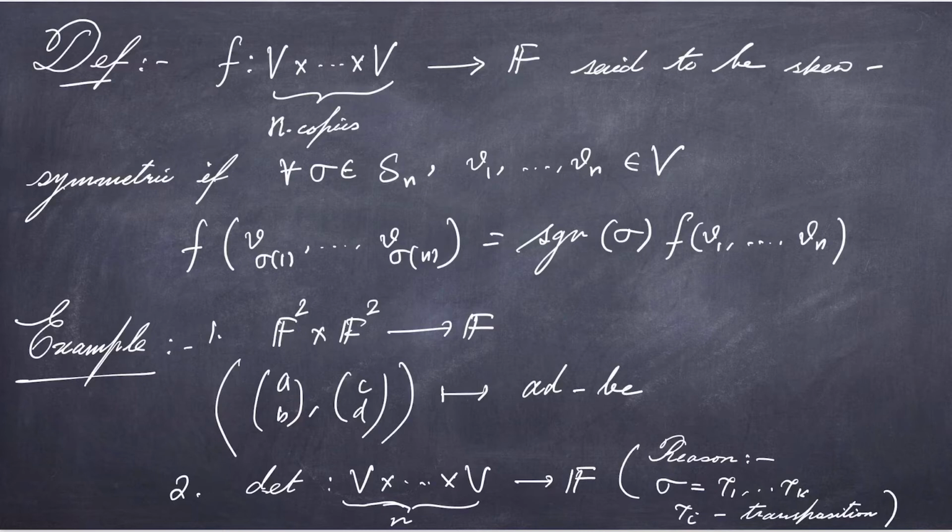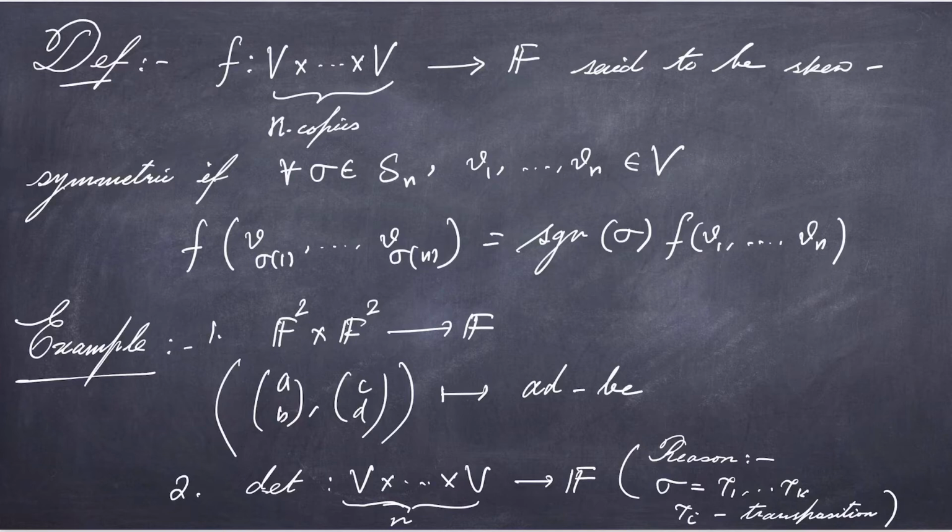Then after interchanging, the value goes to just the minus of this. So here -1 is coming from the sign of the transposition (1 2). Therefore this map is skew-symmetric.